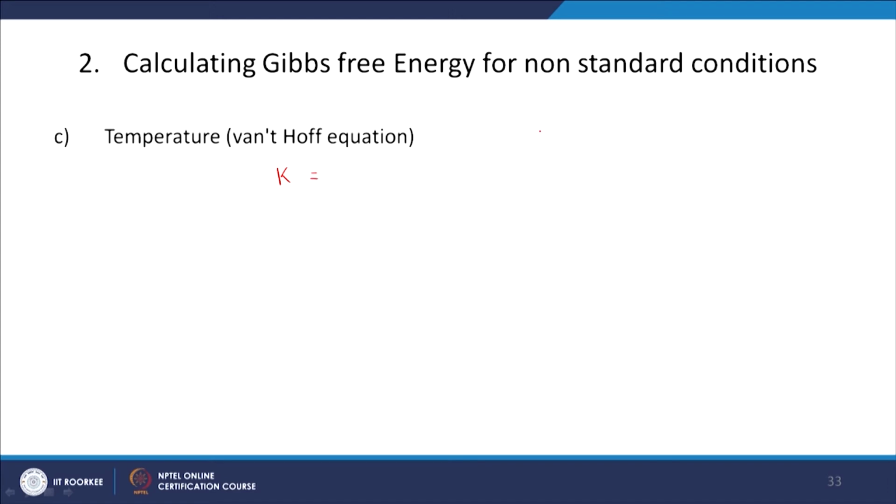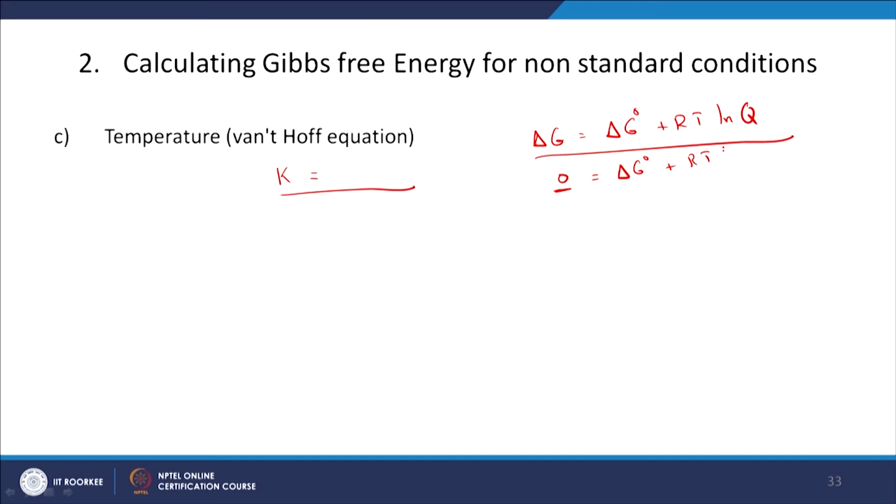Let me go back to delta G is equal to delta G naught plus RT natural logarithm of Q. I am just trying to recall the relationship between K and delta G naught. If this system is at equilibrium, we said delta G is obviously 0, so delta G naught plus RT natural logarithm of K, and K is equal to Q at equilibrium.